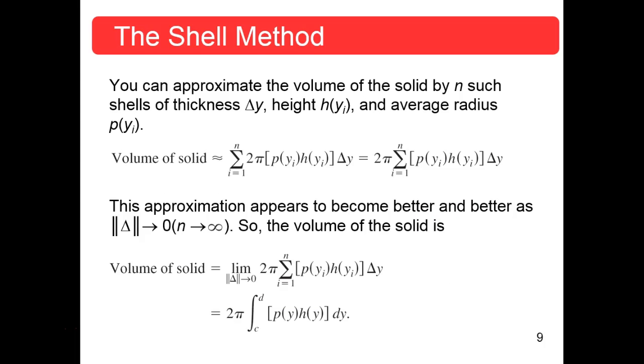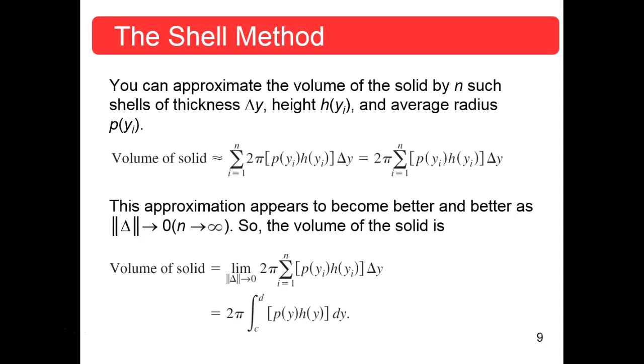Okay. So you can approximate the volume of a solid by n such thicknesses. Of course, yeah, we're doing Riemann sum type things here. Of delta y's, height h of y i, and average radius p of y i. So the volume of the solid would be the summation of all those, and pull the 2 pi out, and then you've got that, and then that becomes better and better as your largest increments approach 0 and n's approach infinity.